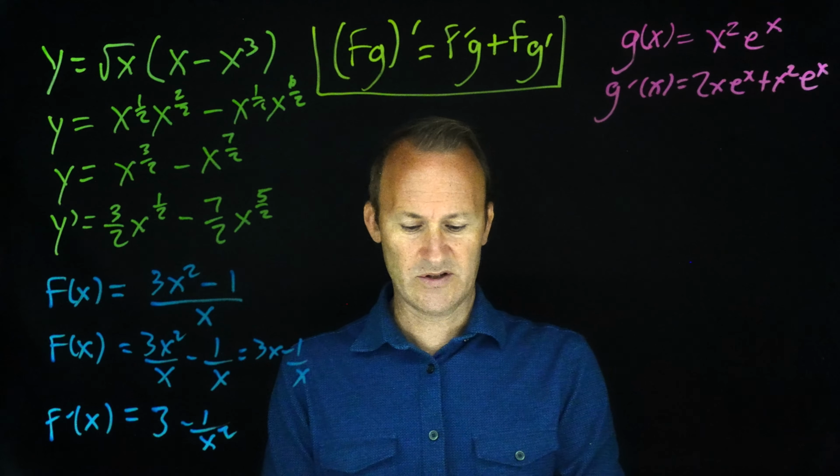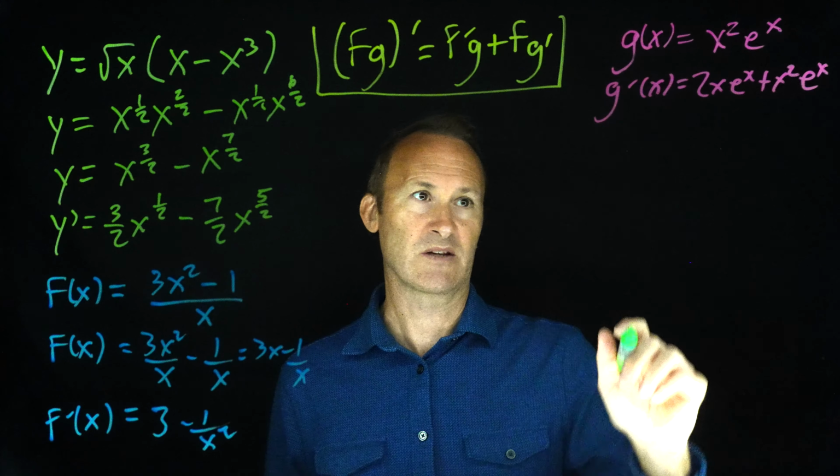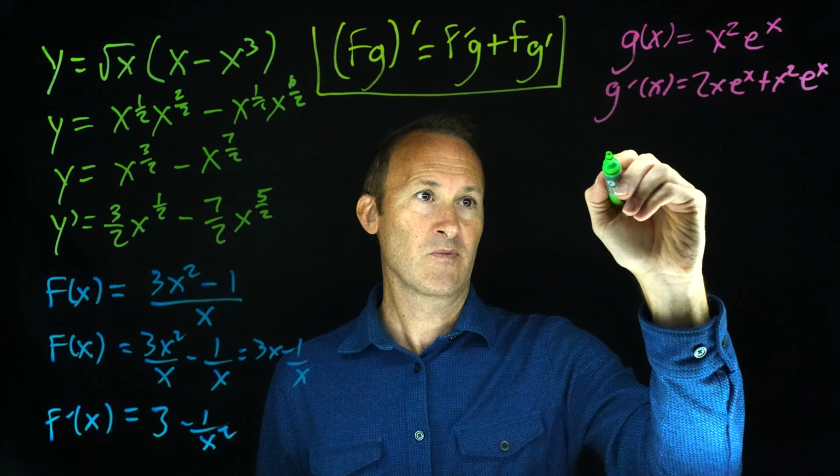Now, let's look at another function that we want to take the derivative of, and let's go with h of t equals, let's do the cosecant of t.